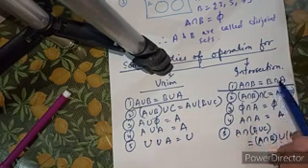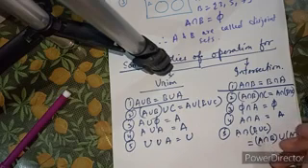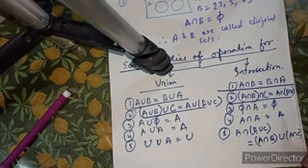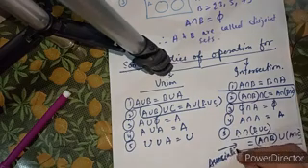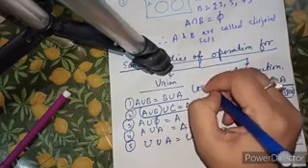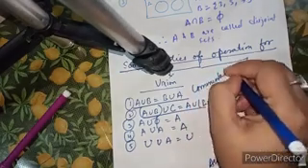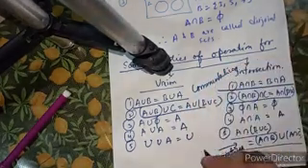So this law and this law are known as what? Commutative law, isn't it? This law and this law are known as your associative law. I think all of you have heard this term, commutative. Sorry, this will be your distributive, okay?